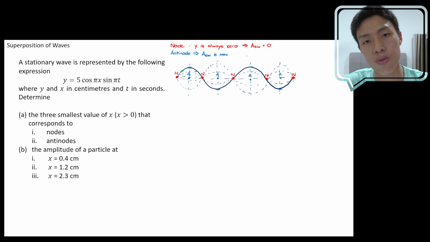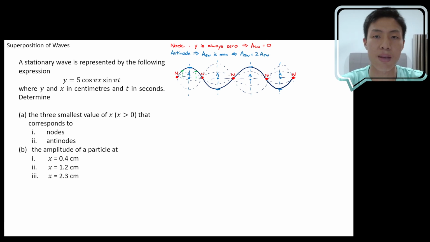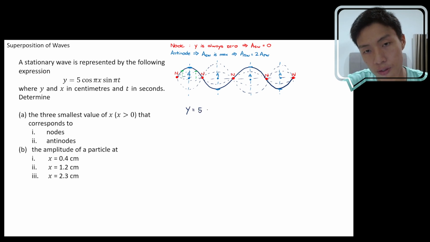And maximum actually means that the amplitude of the standing wave is equal to 2 times the amplitude of the progressive wave. Let me elaborate a bit more. We know that y is equal to 5 cos pi x sine pi t.